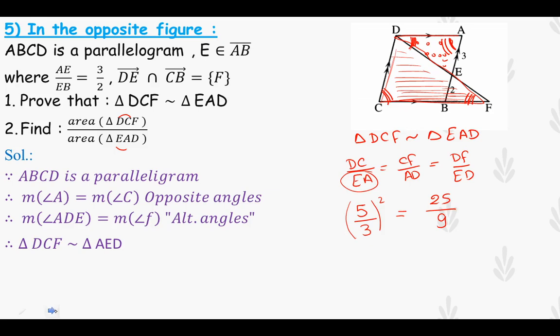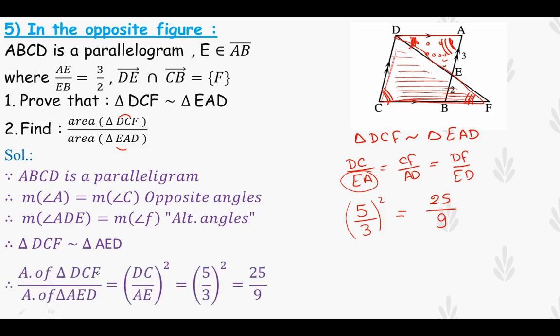So area of triangle DCF over area of triangle AED equals the square of the ratio of two corresponding sides. I choose DC and AE, and this equals 5 over 3 all to the power of 2, which equals 25 over 9.